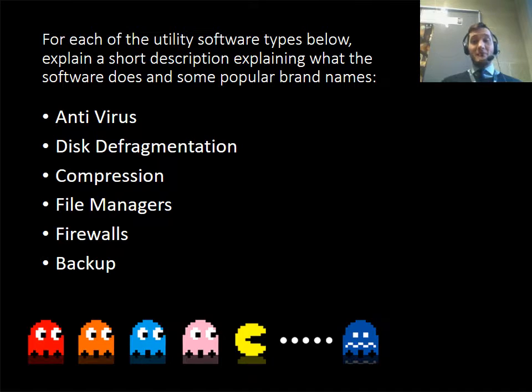So we had antivirus software. Antivirus software was in charge of maintaining or removing problems from your computer. If you have a virus, it can generally remove it or quarantine it, but it also prevents you from getting any further harm, and it can also get updates, so any new viruses that come in, it can deal with them. You've got disk defrag, where it moves the files on the hard drive closer to each other so that there's less rotation needed on the actuator head on your computer system.